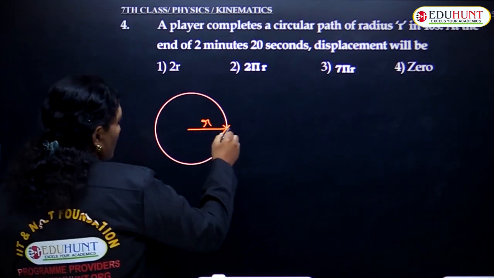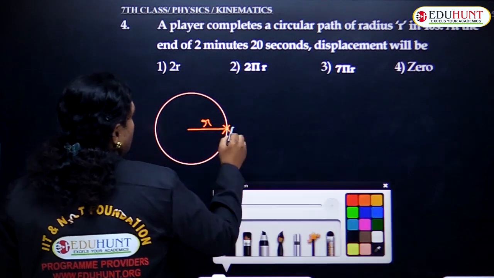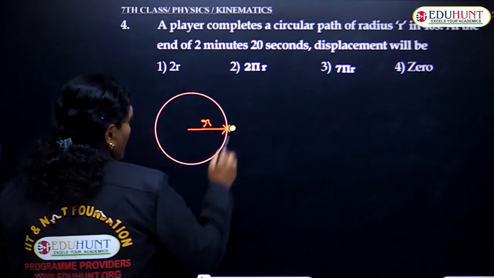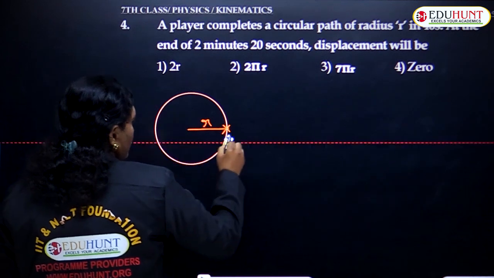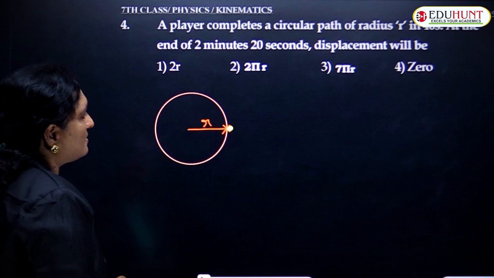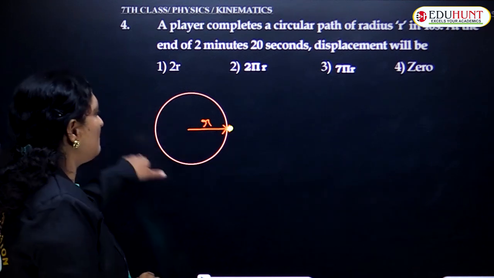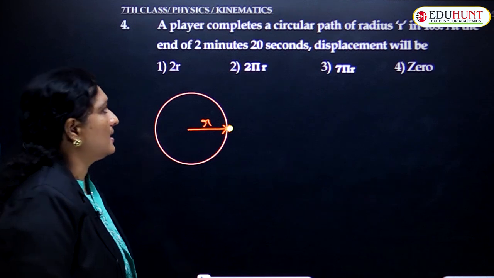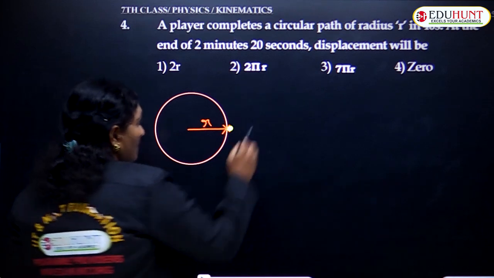To complete one revolution, let us suppose the journey has started here. To complete one revolution like this, again to come back here, how much time do they consider? They took 40 seconds. To complete one revolution, you have 40 seconds. And 2 minutes 20 seconds means how much would it be?